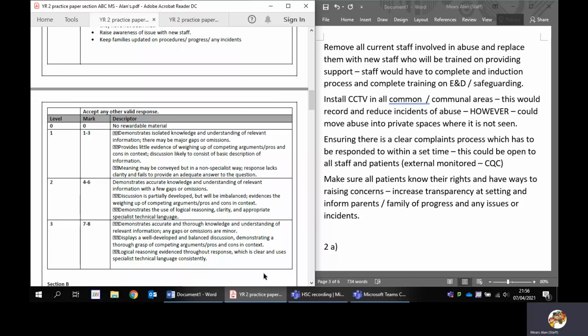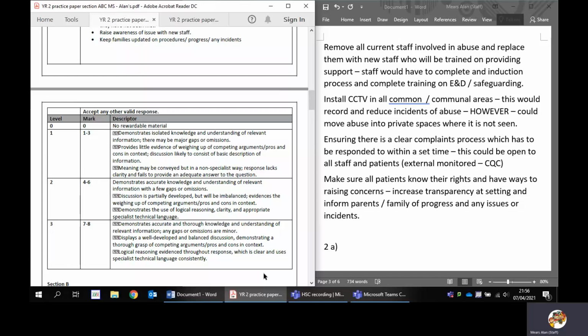Well-developed and balanced discussions demonstrating a thorough grasp of competing arguments, pros and cons in context. So we've talked about what should be done. We've got a few problems. We could extend this further by saying how these things would help, or the problems of putting some of these things in place. So there are some areas here we could make a little bit better.